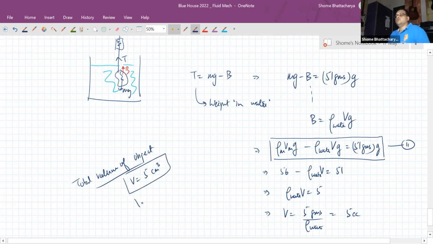Whereas the volume of metal present is only 56 divided by 12, which you can see is a little bit less than 5. That is about 4.67 cubic centimeters. So the cavity volume is the difference, which is about 1/3 of a cubic centimeter.